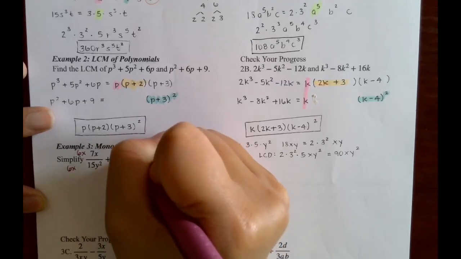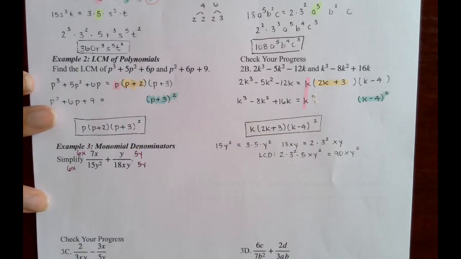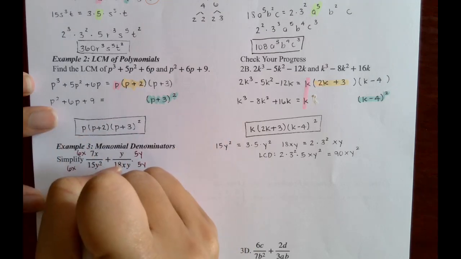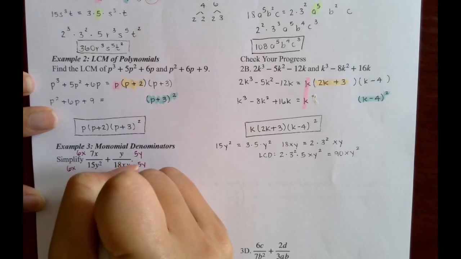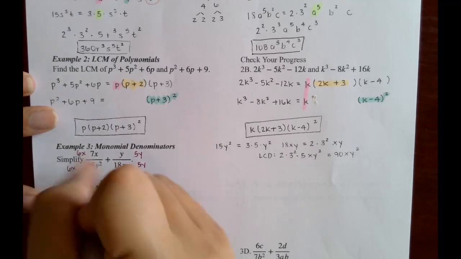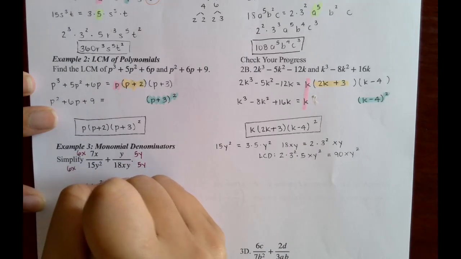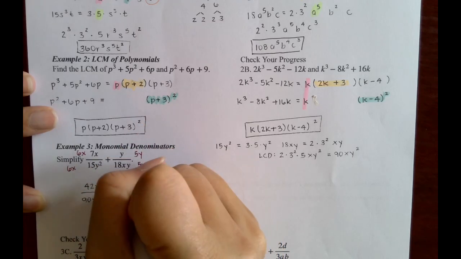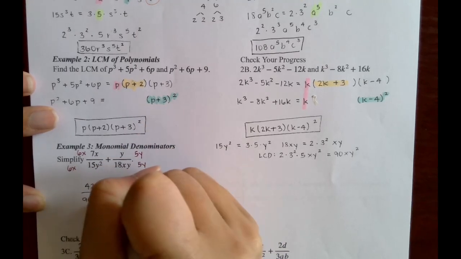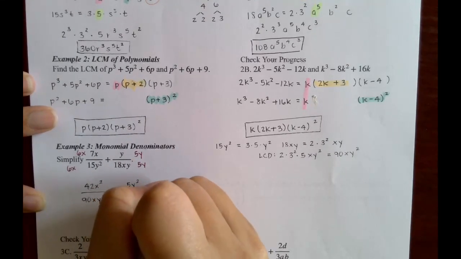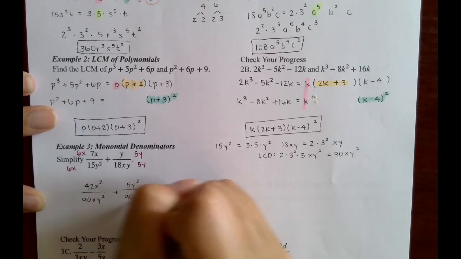So multiply this by 5 and another y. Okay. 6x times 7x is 42x squared. Okay. And then now this part is our common denominator. This will be 90xy squared. Okay. This becomes 5y squared. And then now we have our common denominator of 90xy squared.